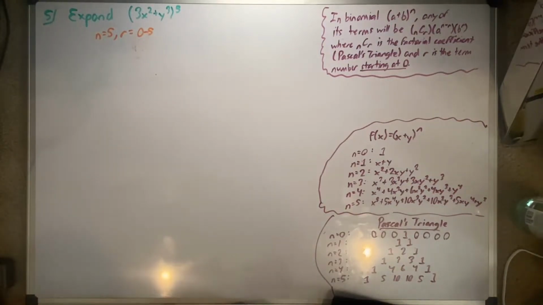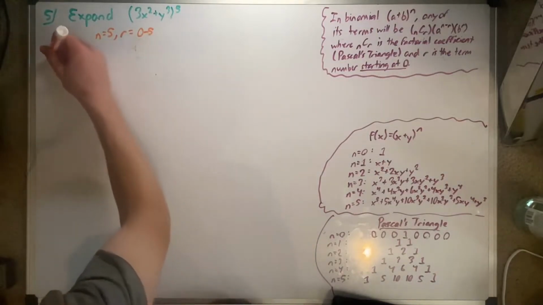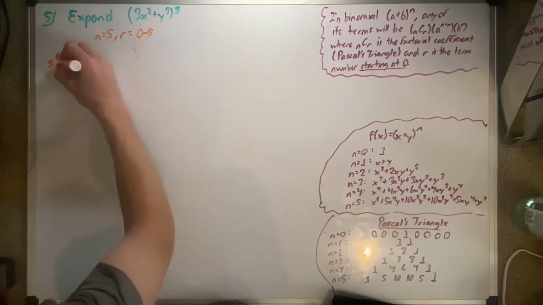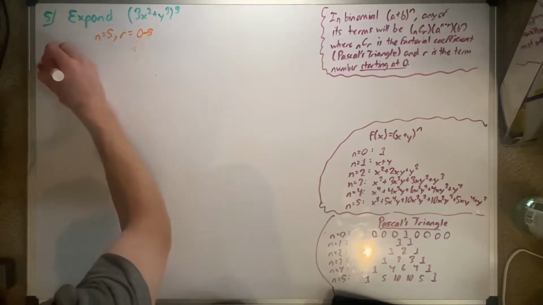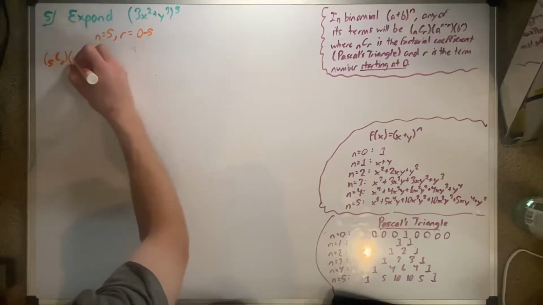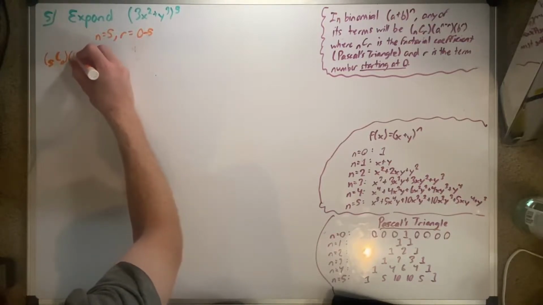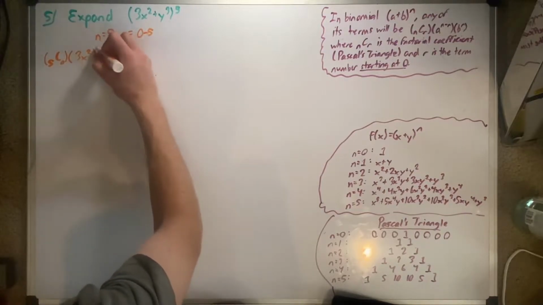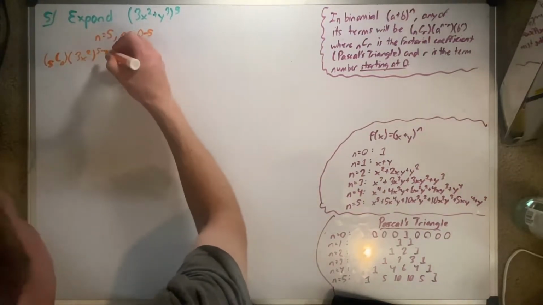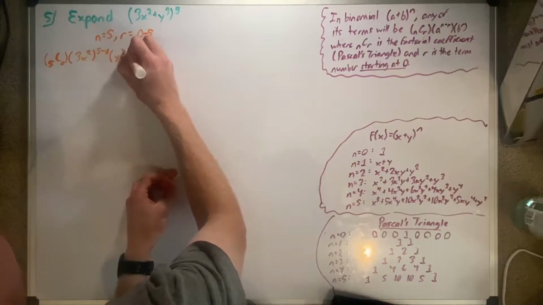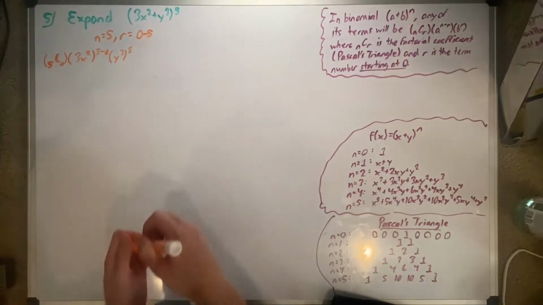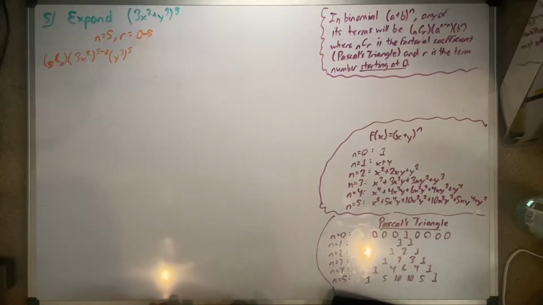So let's go like this. 5C0, and then we'll have 3x cubed, n minus r, so 5 minus 0, times b y third to the 5th power. Okay. Verifying that this all checks out.